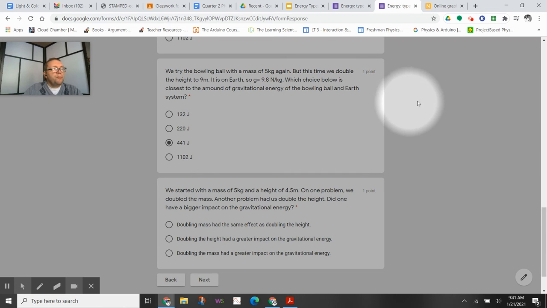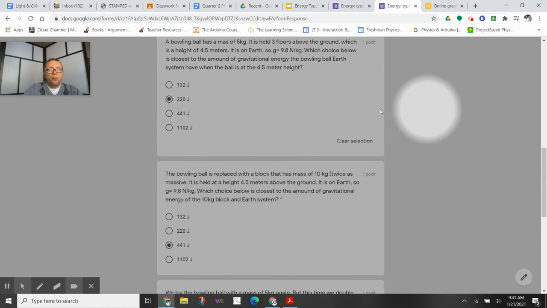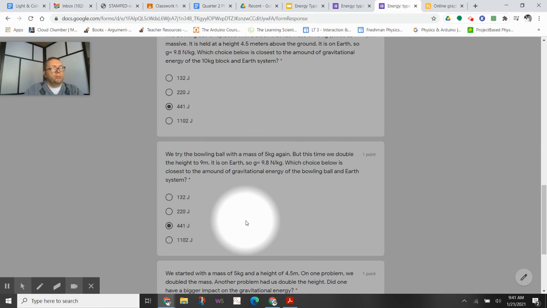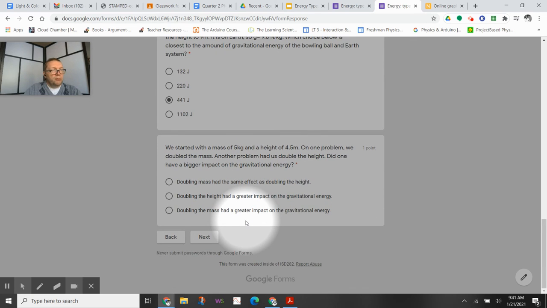441. So now if we look at these, when we went from our initial settings and doubled the mass, we ended up doubling the gravitational energy. When we went from our initial settings and doubled the height, we doubled our gravitational energy. So doubling the mass or doubling the height, in each case, we simply doubled the energy.